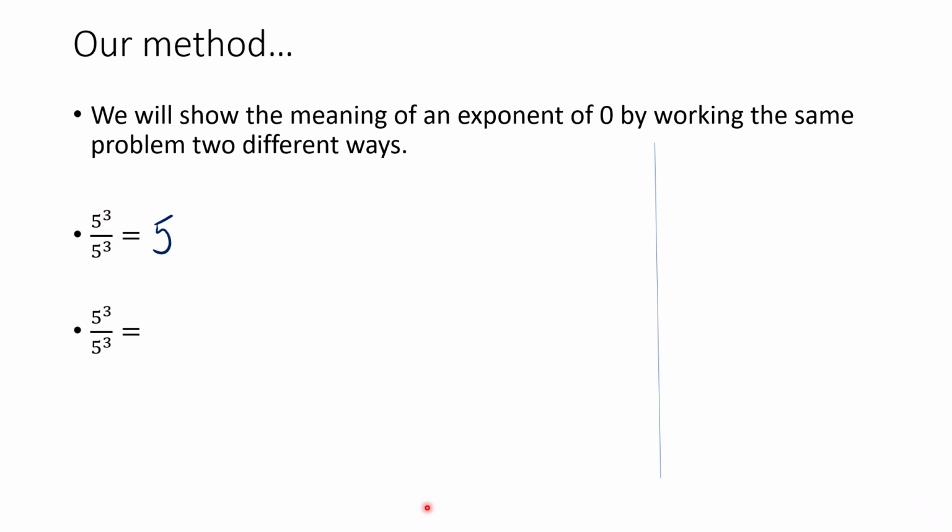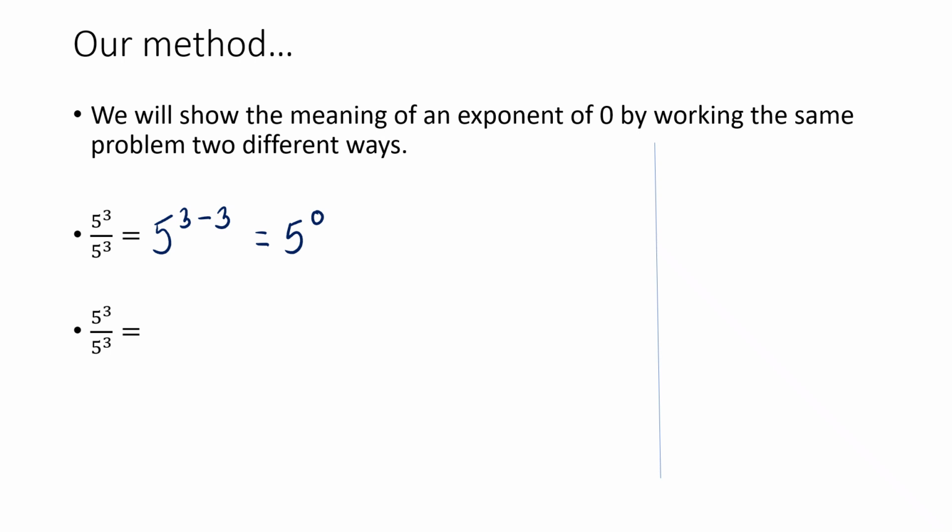So I can write this as 5 to the 3 minus 3, okay? And then, of course, 3 minus 3 is 0. And that's where we're getting that 5 to the 0 from in the first place. So there's where we arrive at a 5 to the 0, by subtracting 3 minus 3.